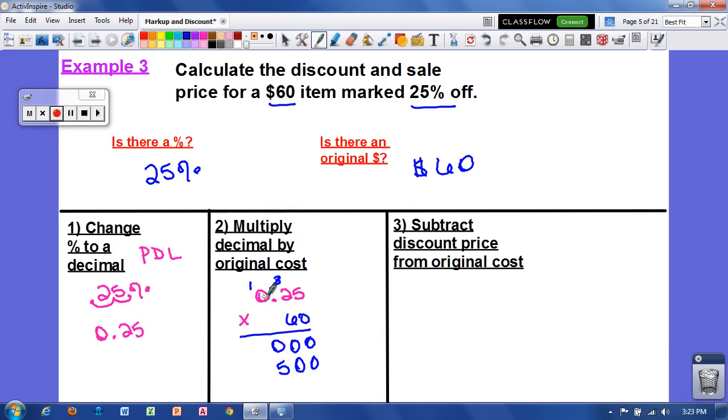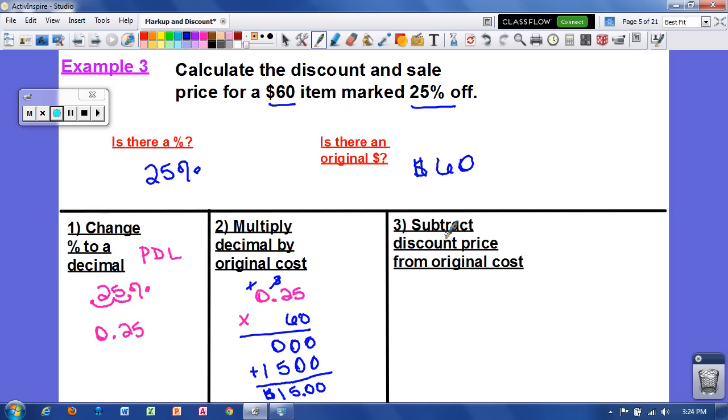And then 0 times 6 is 0, plus 1 is 1. And all together, I get that. I have 2 total decimal places, so I have to have 2 in the answer. So that means our discount is $15.